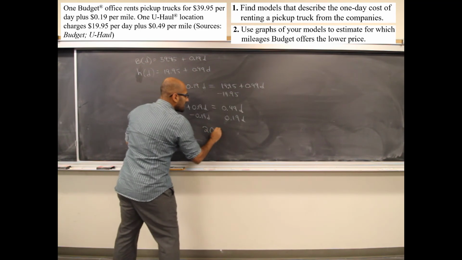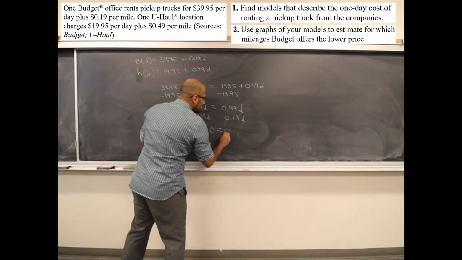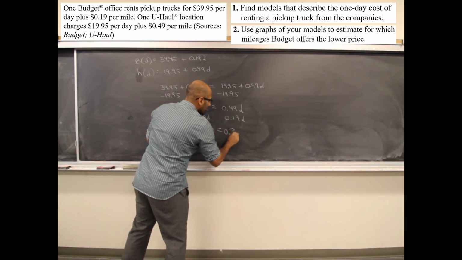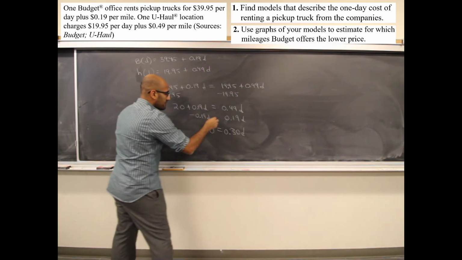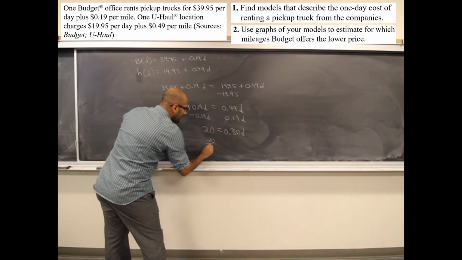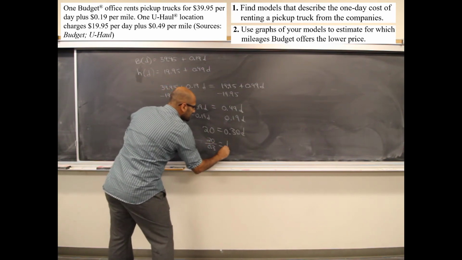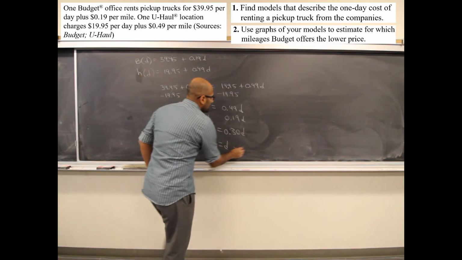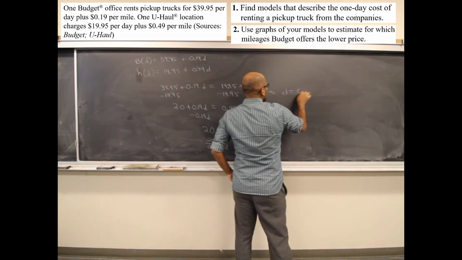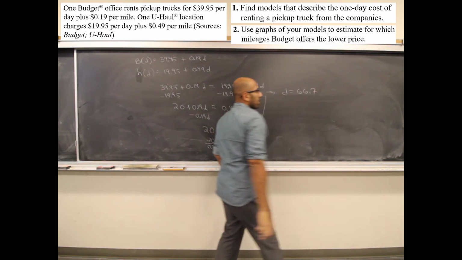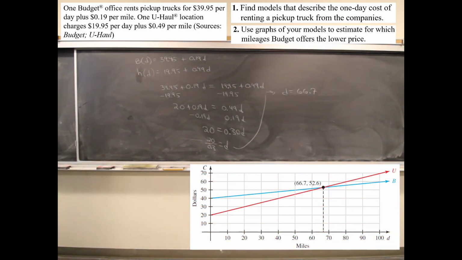You'll end up with 20 is equal to 0.30D. And if we divide, we get 20 divided by 0.3 equals D. And you'll see that that means that D equals 66.7. Right, which is the answer we got a minute ago.